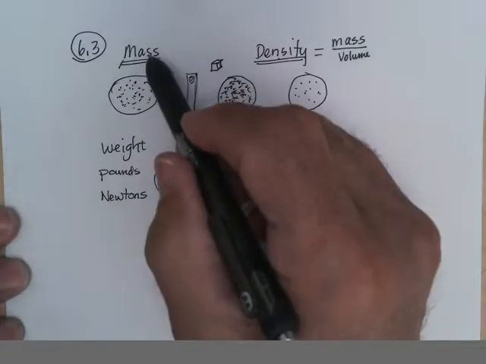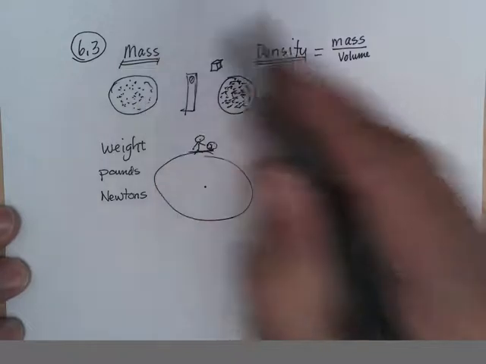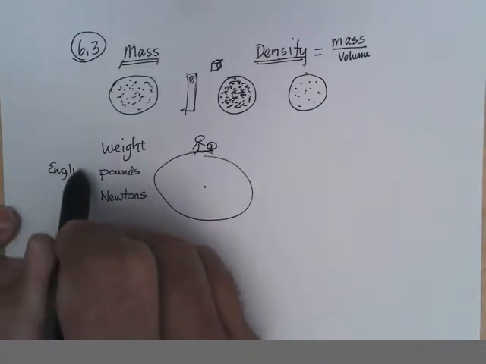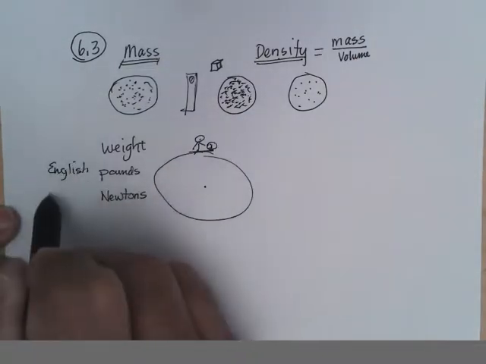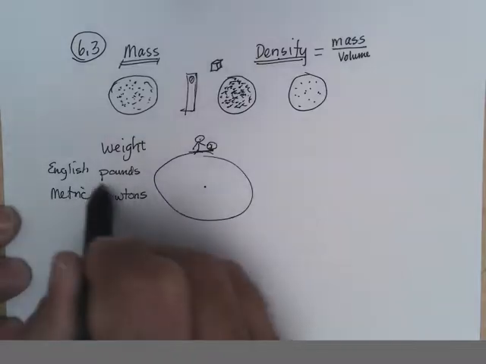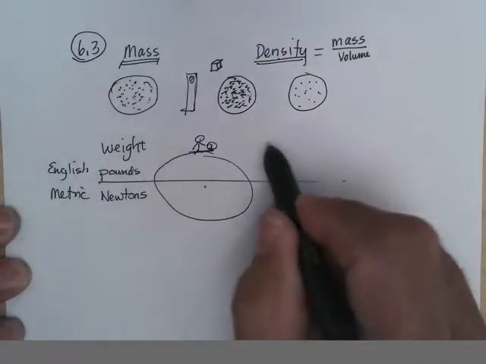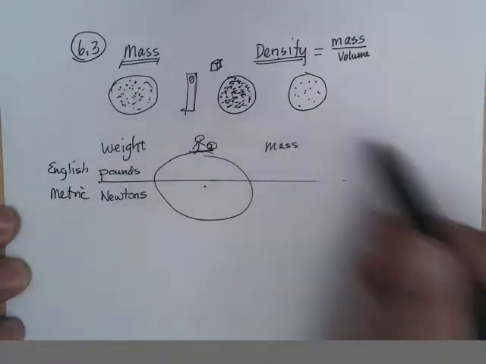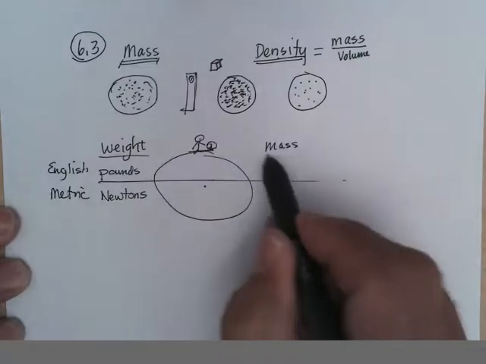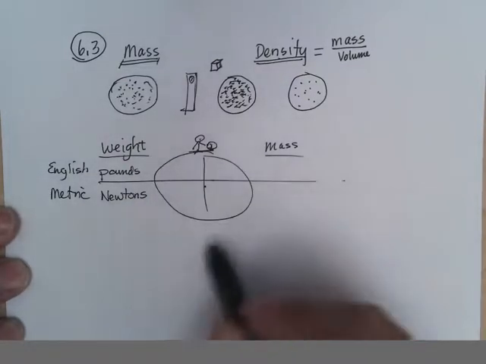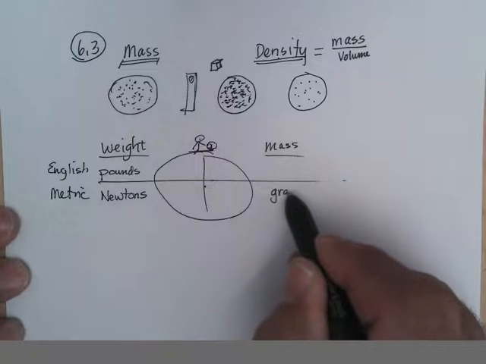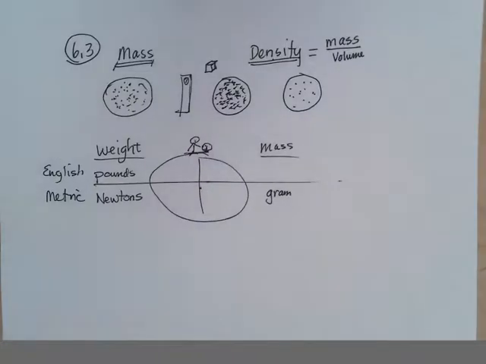Mass, the amount of material making up the stuff, in the metric system is measured in grams or thousands of grams, kilograms.